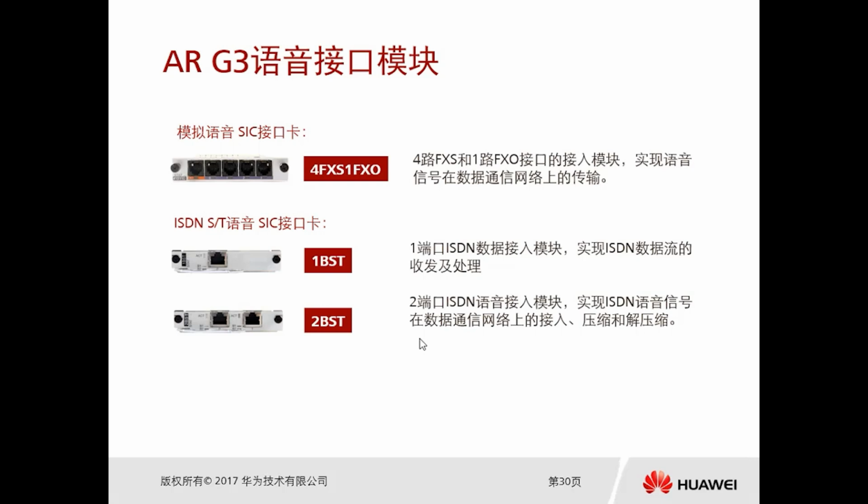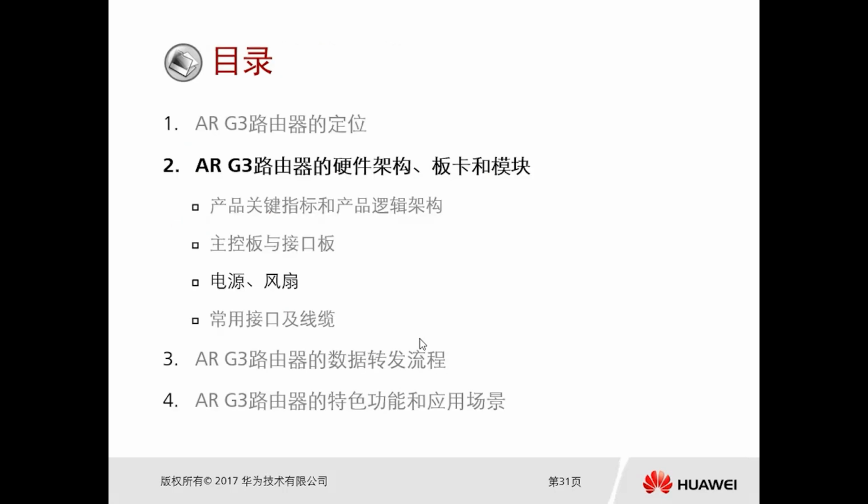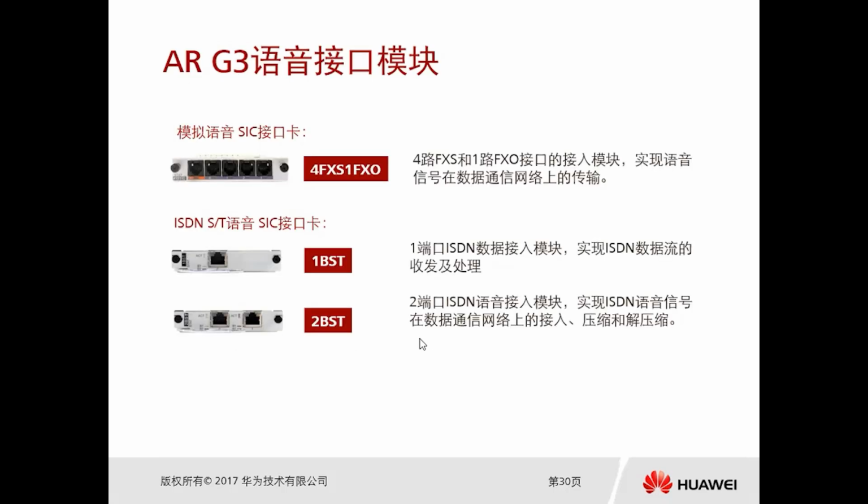Then the ISDN interface card. Let's take a look at this end above. The ISDN data access module achieves my ISDN. Its one data stream is processed together for transmission and reception. Then there is the ISDN access module for the second port.